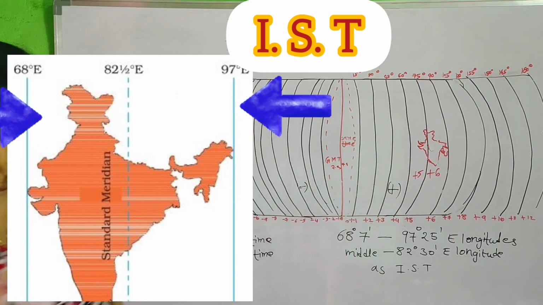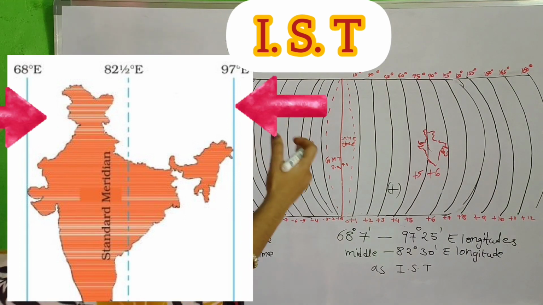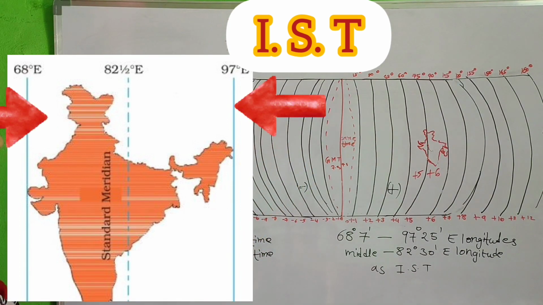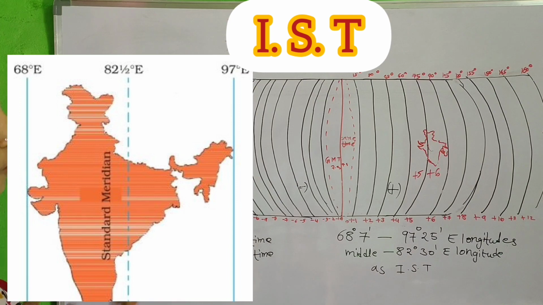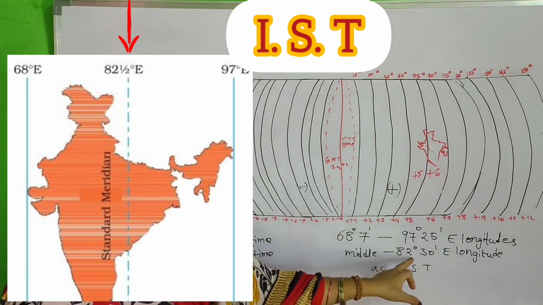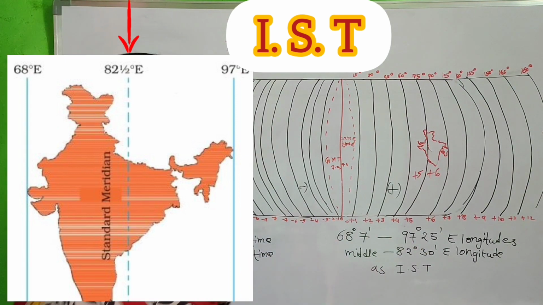From Gujarat to Arunachal Pradesh, between those 2 longitudes, they took the middle value as the standard, that is 82 degrees 30 minutes east longitude, which passes over India. Then onwards, the 82.5 degrees east longitude is called the prime meridian of India.